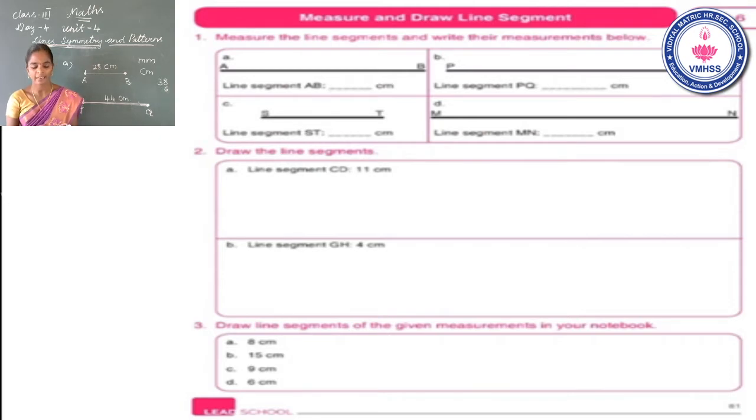Second, line segment PQ. Next, question C: line segment ST. Next, line segment MN. So there are 4 line segments given. Now we measure the line segments.